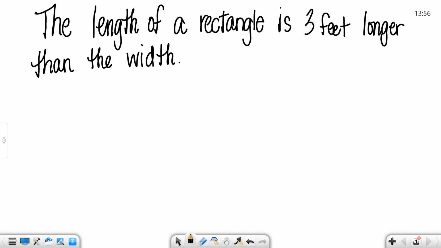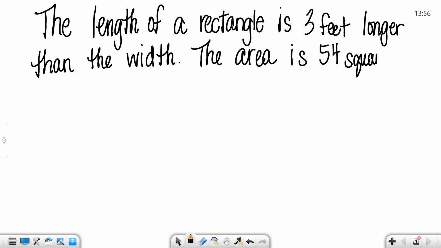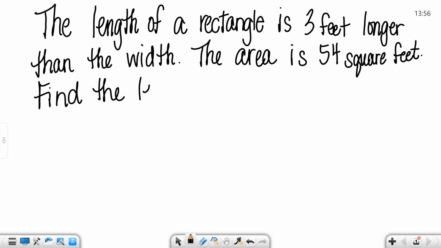Okay. The area of our rectangle is 54 square feet. And the question here is find the length and the width.